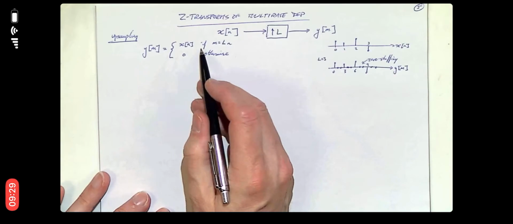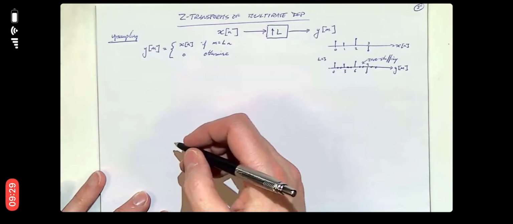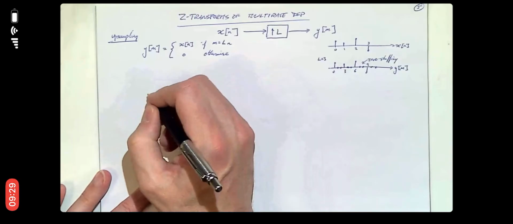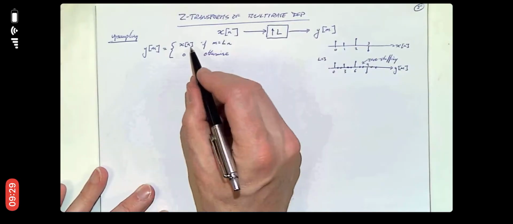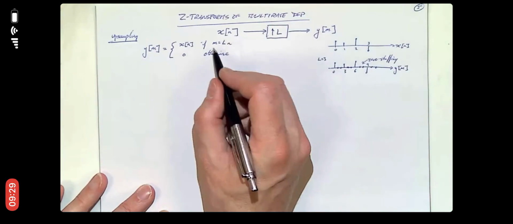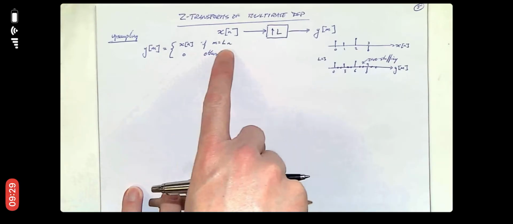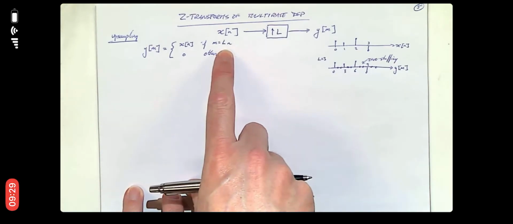Now, actually, we can get this in another way using a delta function. If we want something that's true when m is equal to Ln, we can build a delta function using its sifting property to do that.